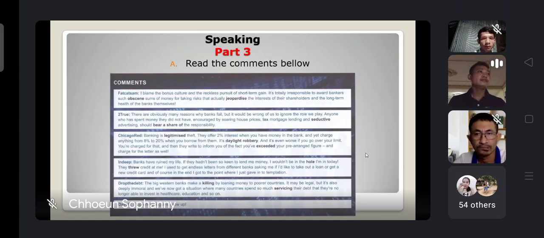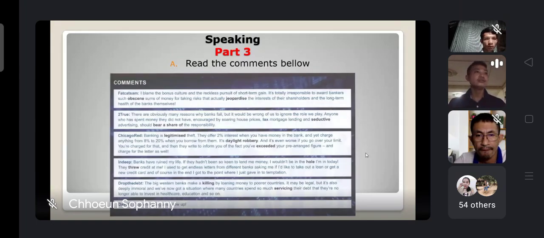Upscan are very high and unfair, and jeopardize means put at risk. And true, there are obviously many reasons why banks ignore the roles we play.